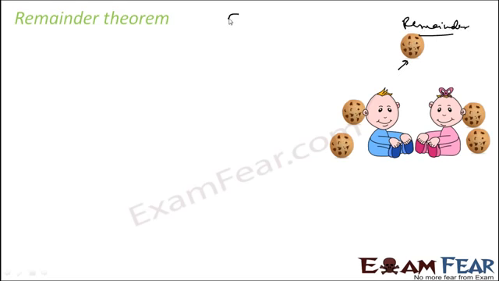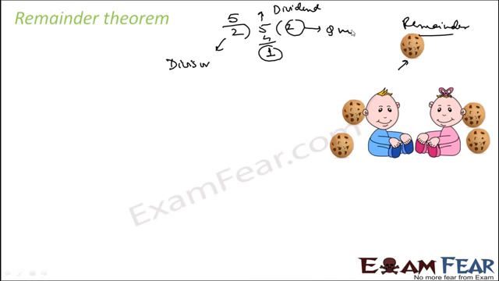So in simple maths, there are 5 cookies divided by 2 people. If you do the maths, each person gets 2 cookies and 1 is the remainder. Here in this case, 2 is the divisor, this is the dividend, this is the quotient, and this is the remainder.